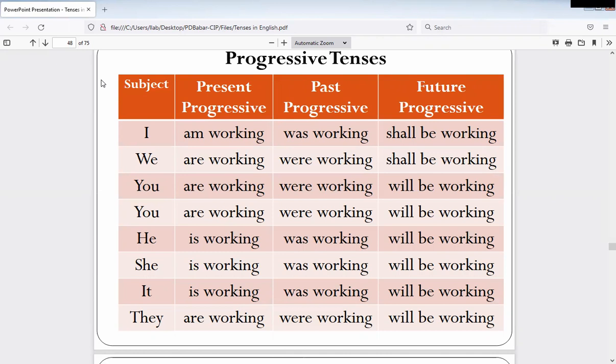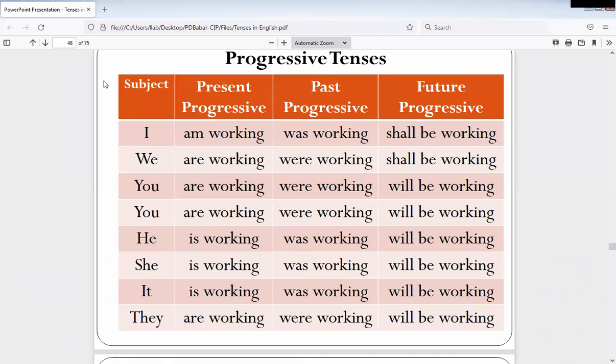Okay, there are 4 columns. The first column is of the subject, the second one is of the present progressive, the third one is of the past progressive, and the fourth one is for the future progressive. In the first column there are subjects like I, we, you, he, she, it, they.